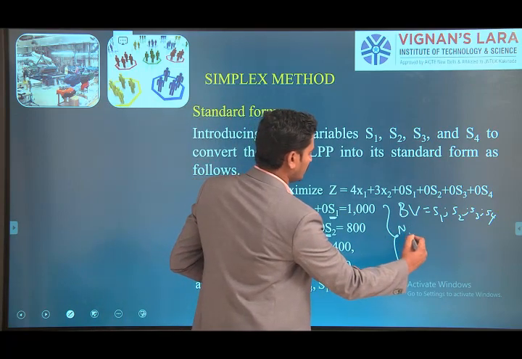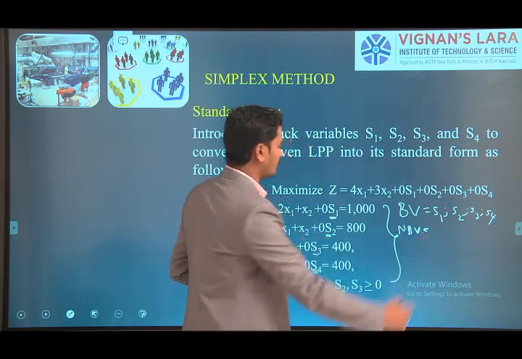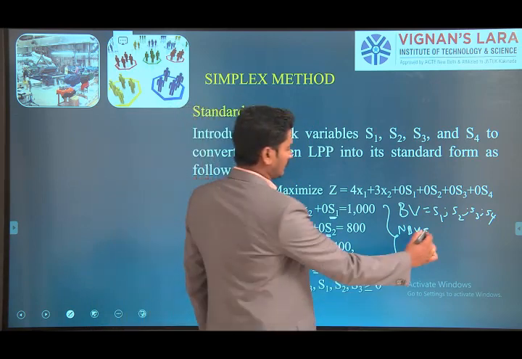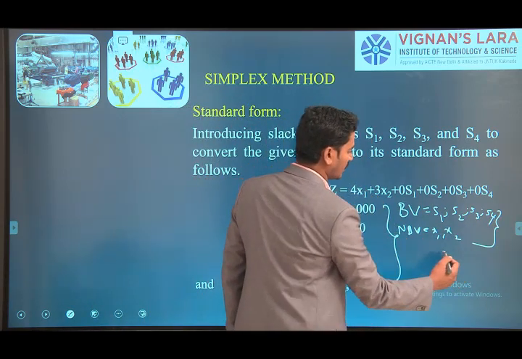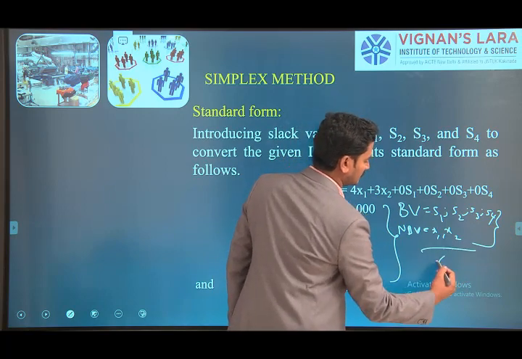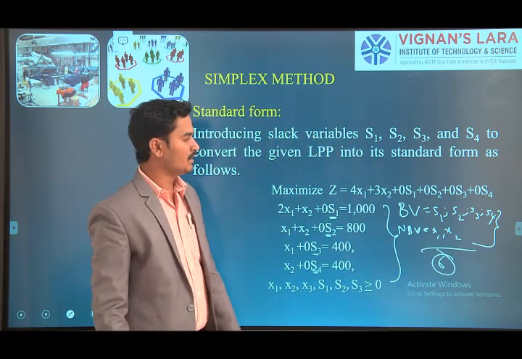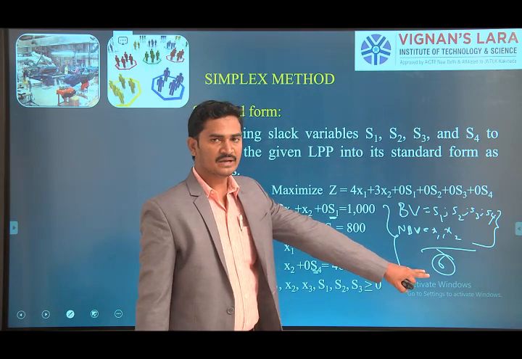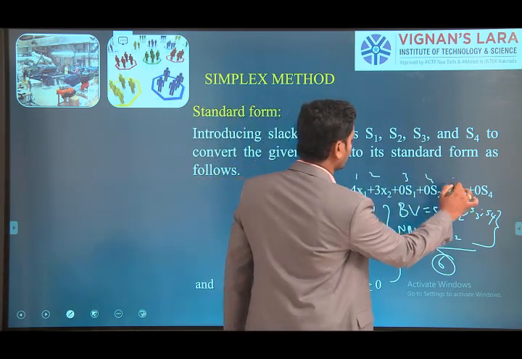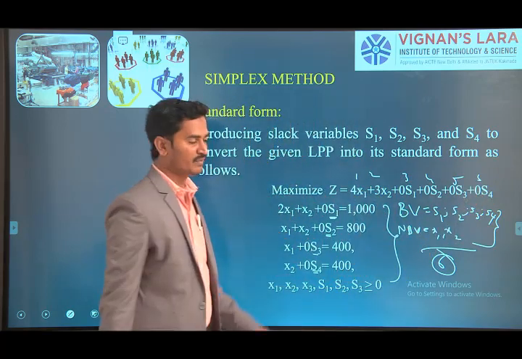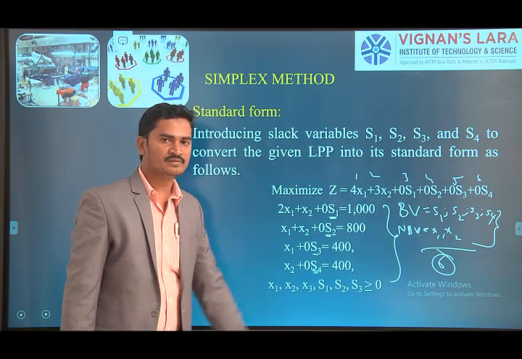The non-basic variables here are x1, x2. In total, how many variables did we get? We get a total of 6 variables. These 6 variables you must mention in this objective function. Okay, 1, 2, 3, 4, 5, 6. It is satisfied. Basic variables are 4, non-basic variables are 2.